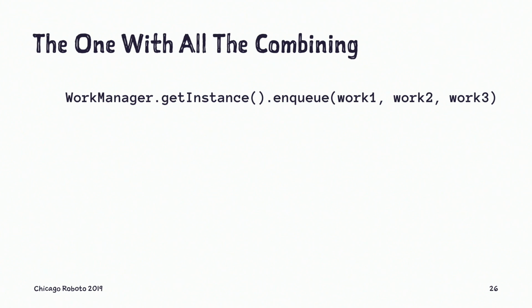There is also a way wherein you could tell it, okay, I want all three works to run in parallel. Like these are not dependent on each other, and I would want all three of them to run in parallel. You could do enqueue, and this is a vararg constructor. You can pass as many work requests as you want. One caveat though is, though this runs them in parallel, it does not mean it will actually run them in parallel.